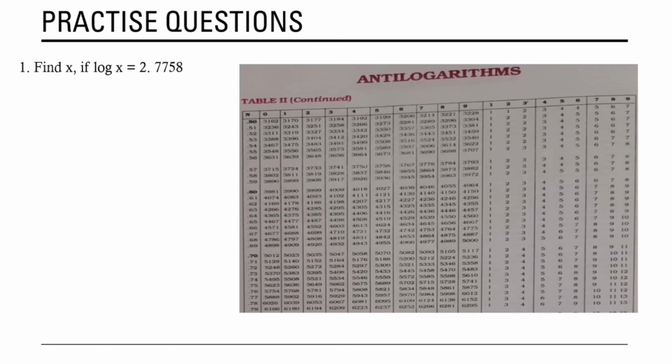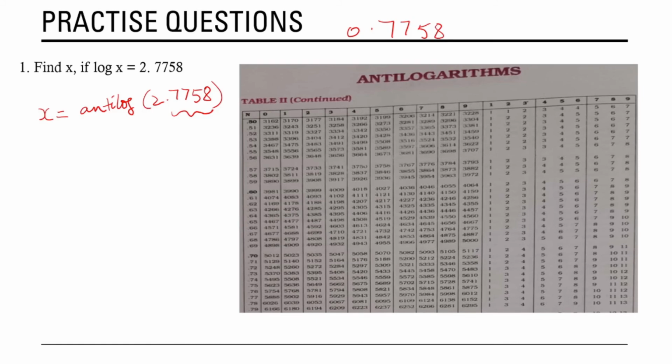So if log x is equal to 2.7758, then x is equal to antilog of 2.7758. Now we have to take this mantissa part alone, that is 0.7758, and find the antilog.